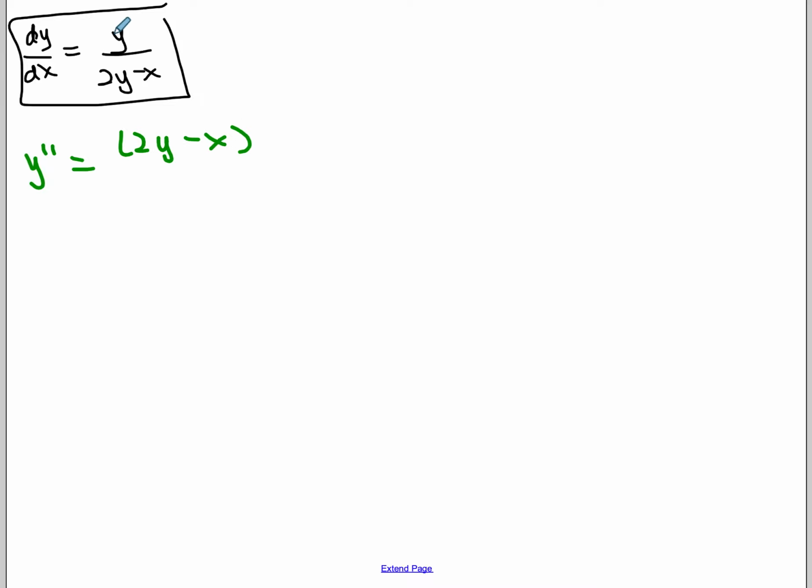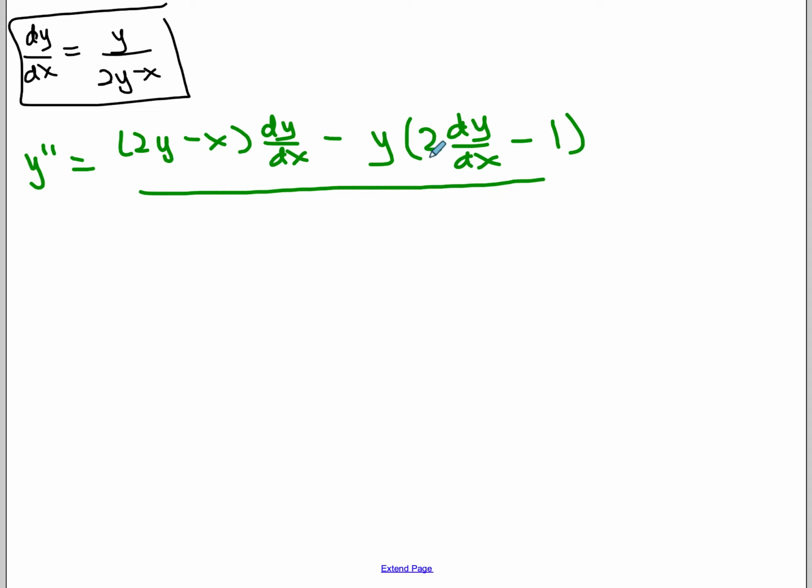The derivative of my numerator is 1, and since I took the derivative of y, I must write dy/dx. So low d high minus high. Now take the derivative of my low. The derivative of 2y would be 2, but I took a derivative of y, so I must write dy/dx. Minus the derivative of x, which is 1. All over our low squared.